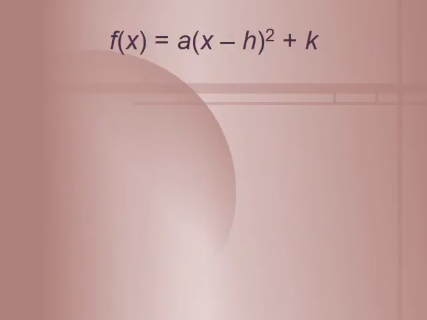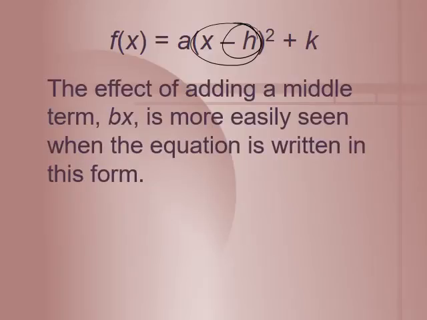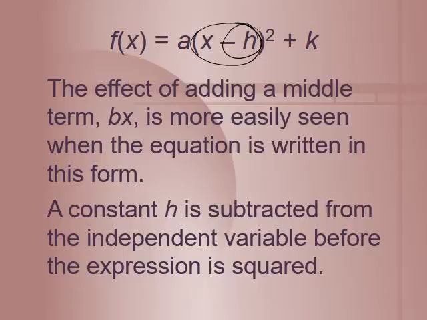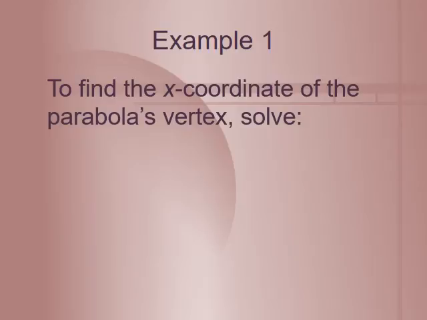Now let's look at what happens whenever we add or subtract a number inside the function. Okay, so notice this whole thing is being squared, not just x squared. So what happens here is you will see that we can, first of all, find the vertex of a parabola.